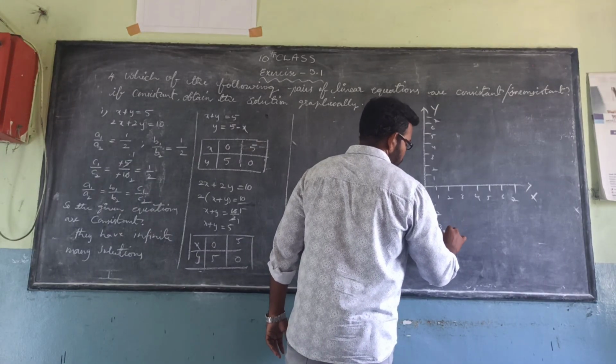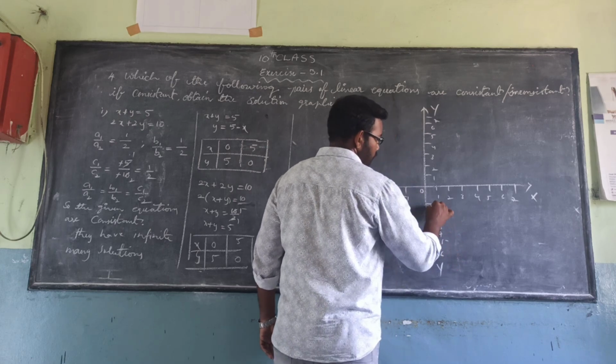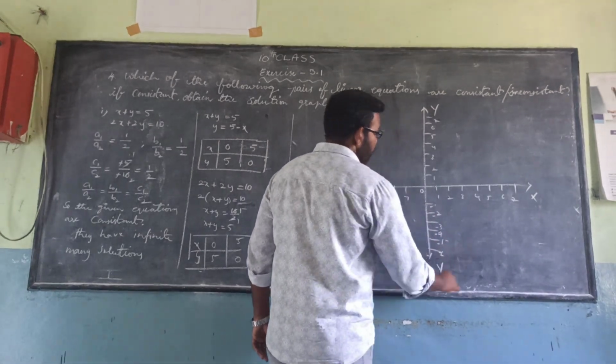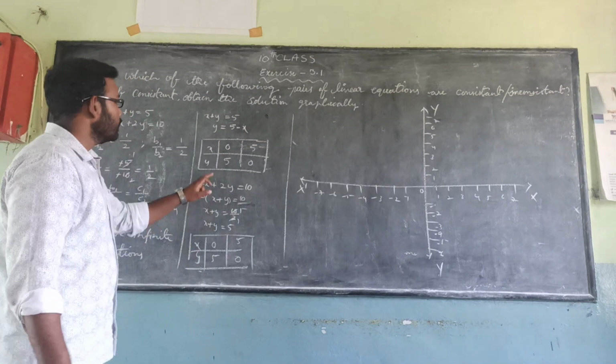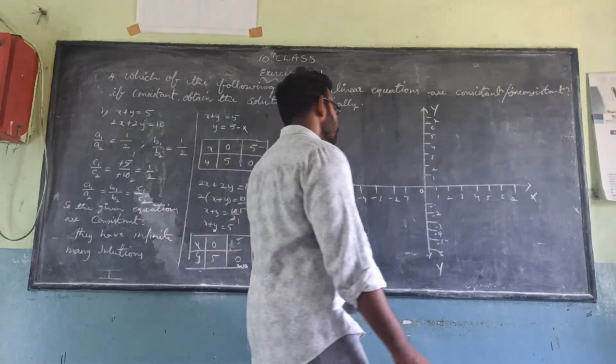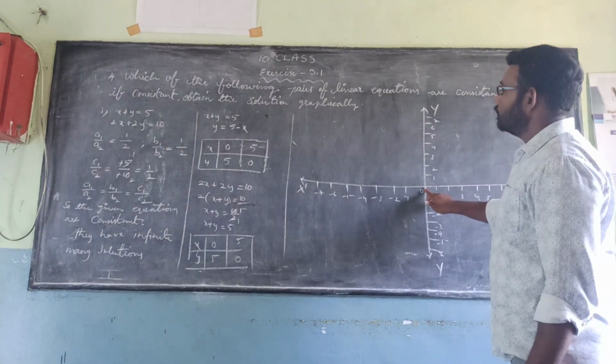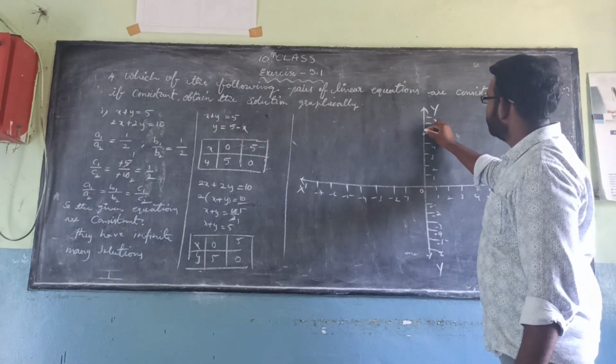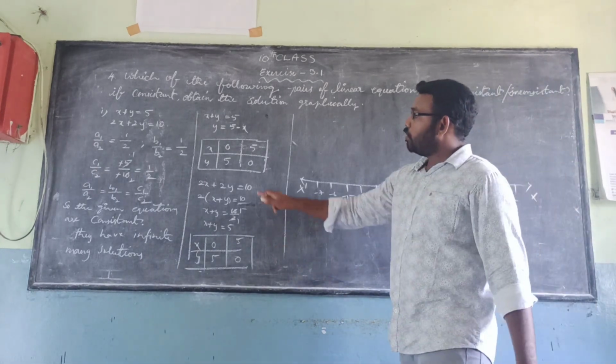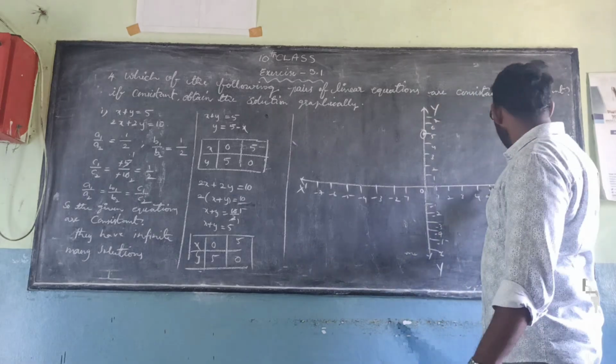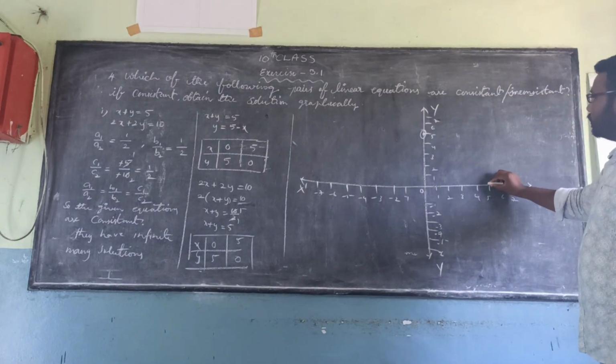These are minus. So here, first of all, the x coordinate is 0 and the y coordinate is 5. This is one point. And the x coordinate is 5, the y coordinate is 0. So this is the second point.